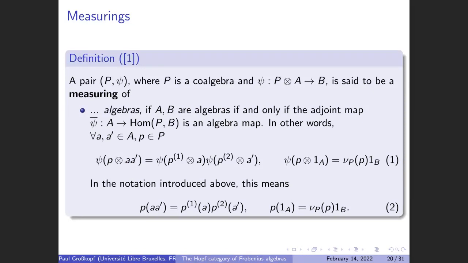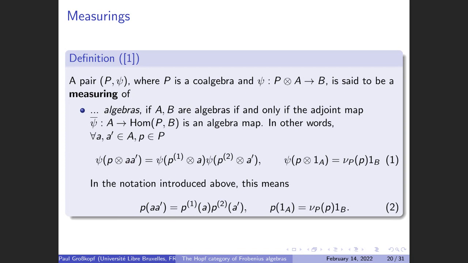And the same is for the unit. I don't want to conserve the unit, but I conserve the unit up to some multiplication by the co-unit. There's a wider class of things I can consider, and I use this coalgebra structure particularly to have a wider class of morphisms. So this is a measuring of an algebra, but it's not the full picture of how to measure from one Frobenius algebra to the next.